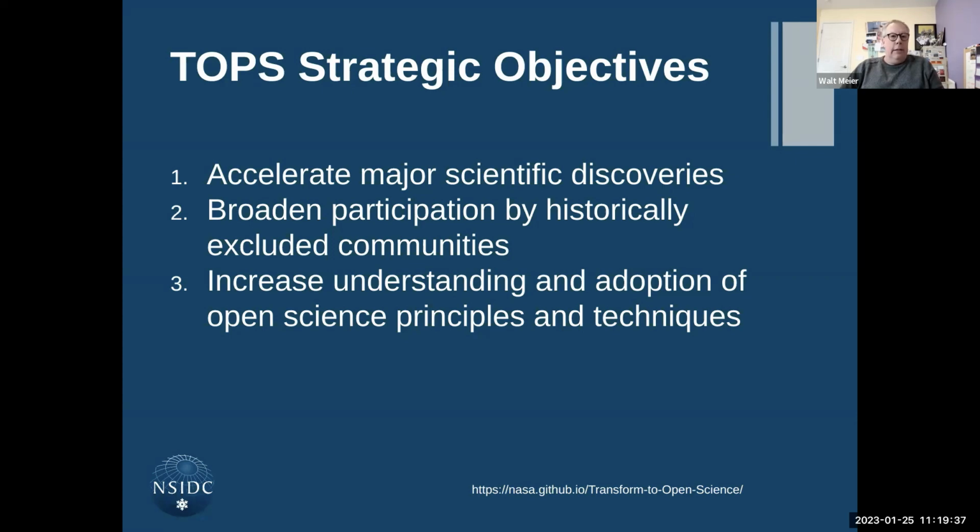Smaller colleges and smaller research groups don't necessarily have subscriptions to the different journals and oftentimes have limited access to some of the research journal articles. So making it so that everyone can access the science that's going on, regardless of what institution you're at or what group you're working with. And again, increasing the understanding and adoption of open science principles and techniques.